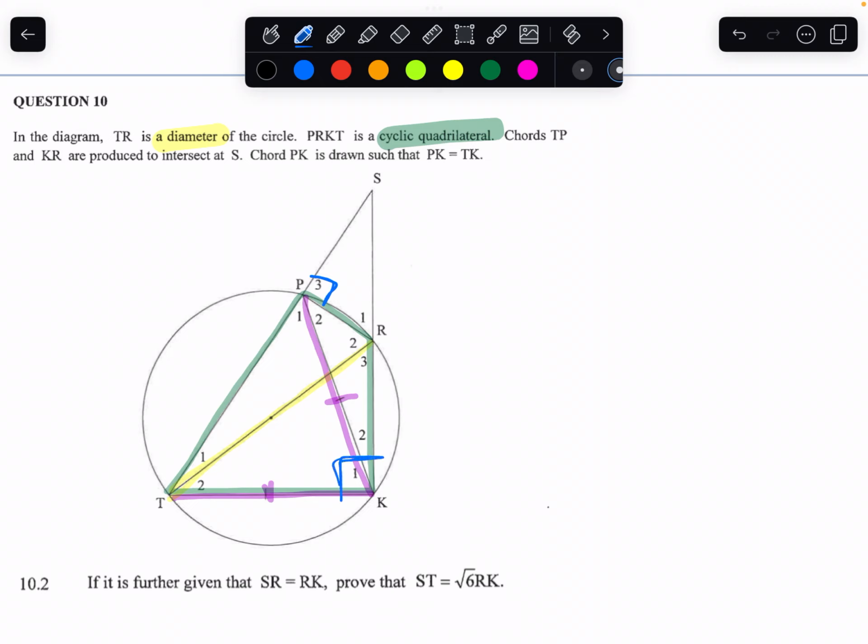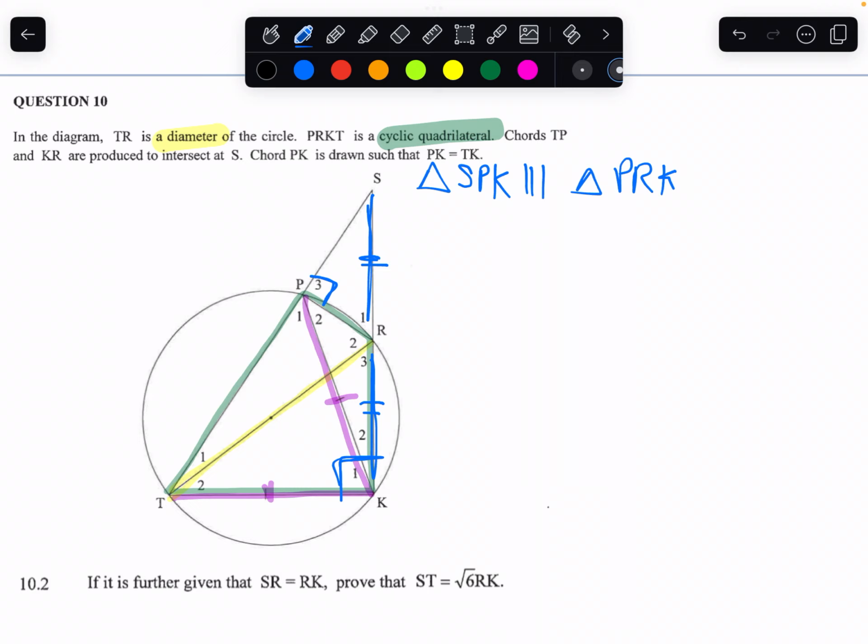Don't know if those are useful to us still, but we also know that triangle SPK is similar to triangle PRK. Now we are further told that SR is equal to RK.